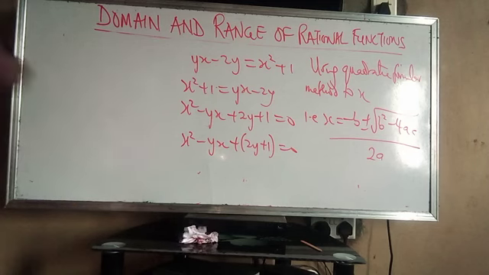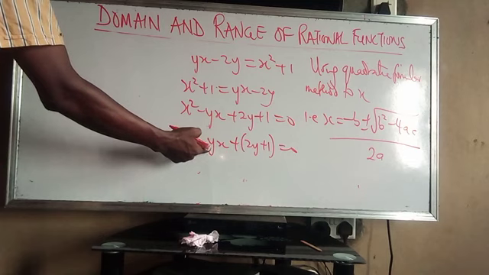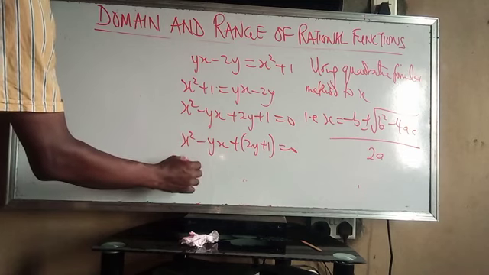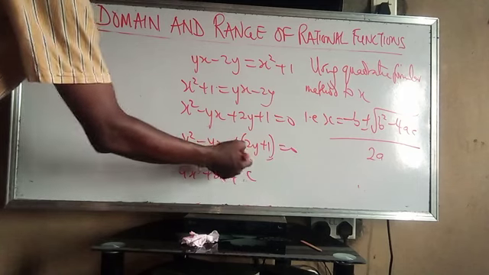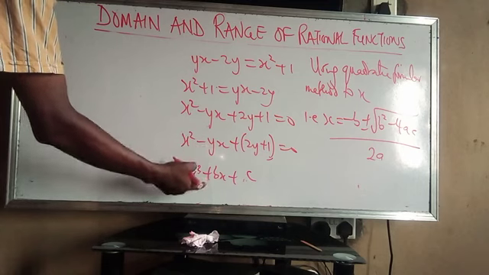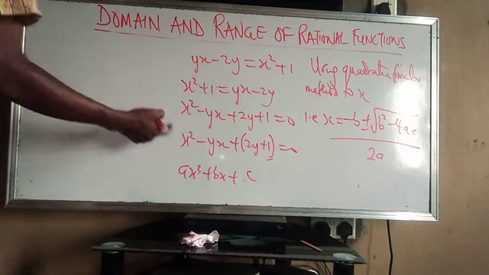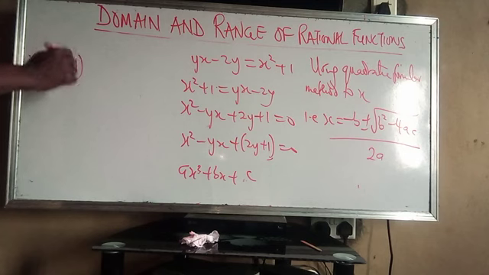Fine. If you compare this with ax squared plus bx plus c, c is the whole of this. These are constants. So b is minus y and a is 1. So we have x equal to minus of minus y, okay?